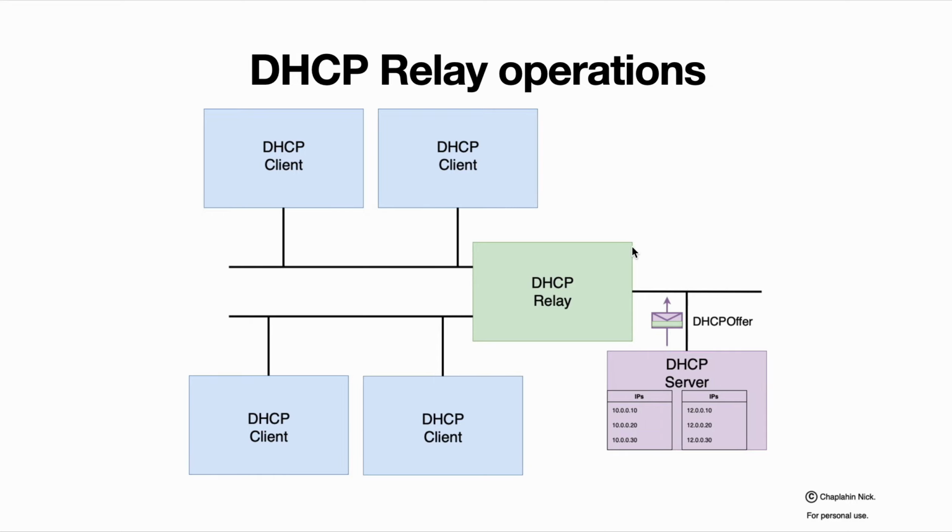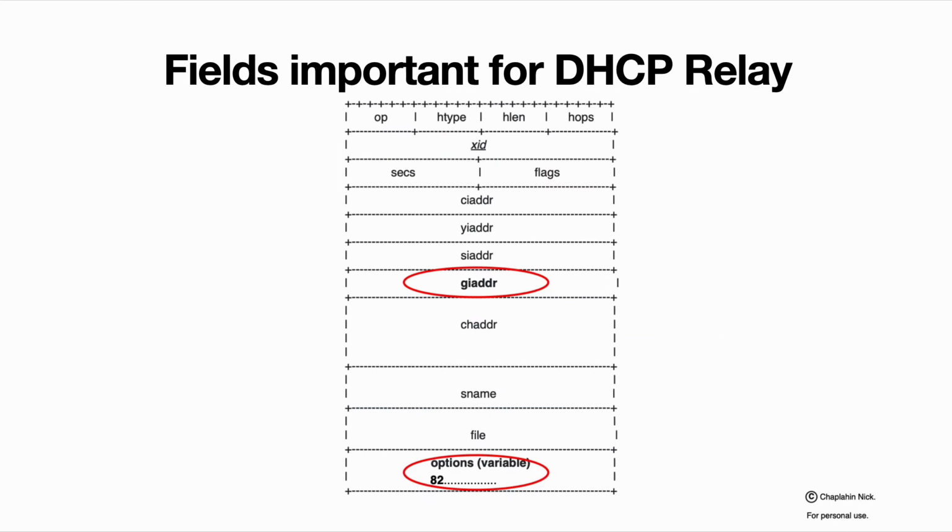It replies with an offer. Since there was option 82, the server keeps this option 82, notifying the relay that the relay needs to process this packet, because the identifier in the packet is the identifier of the client all the time.